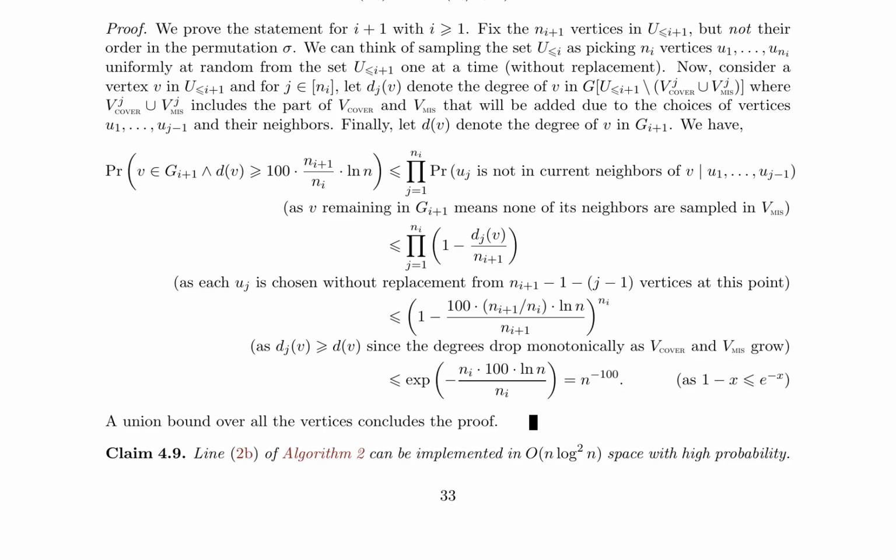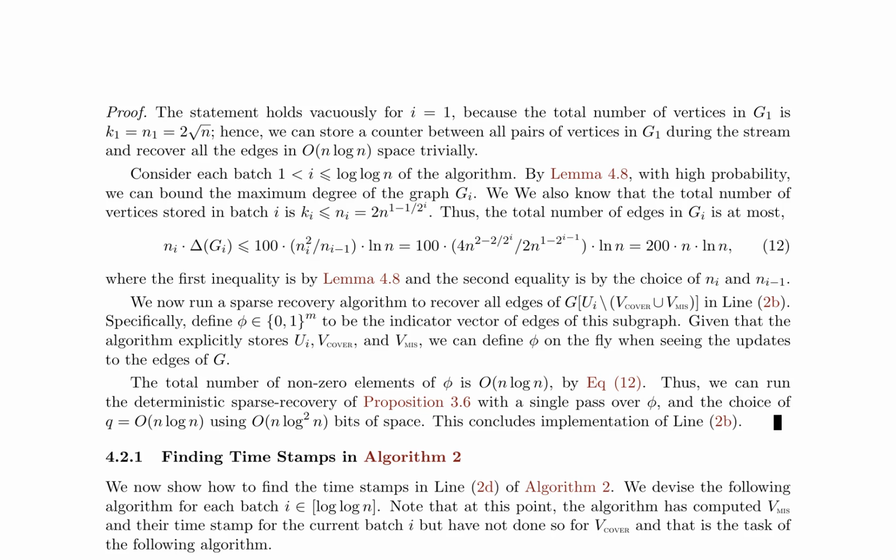Claim 4.9 states that line 2b of algorithm 2 can be implemented in (o) n log squared n space with high probability. The proof involves bounding the maximum degree of (gi) using lemma 4.8 and then using a sparse recovery algorithm to recover all edges of (g) ui vcover union v-mis.